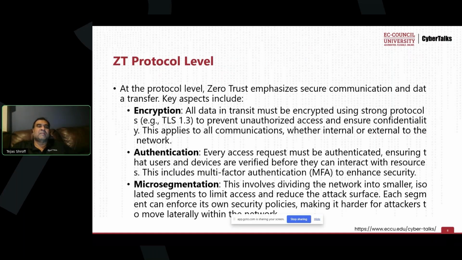Obviously, TLS 1.3 being a strong protocol. You want to make sure that unauthorized access is prevented and confidentiality is ensured. Right? Then you want to make sure every access request is authenticated. Users and devices are verified before they can interact with resources.